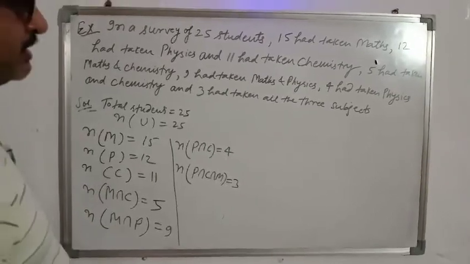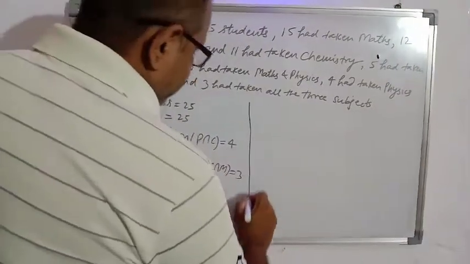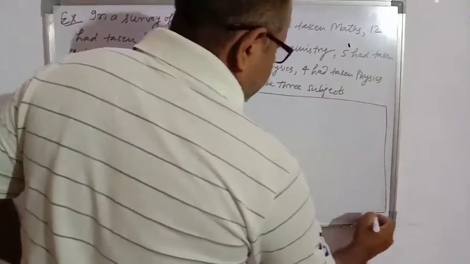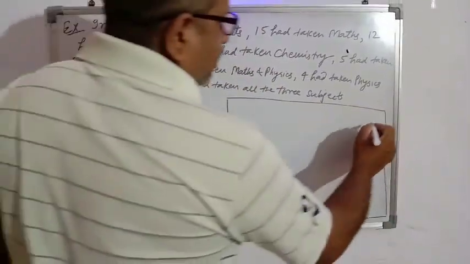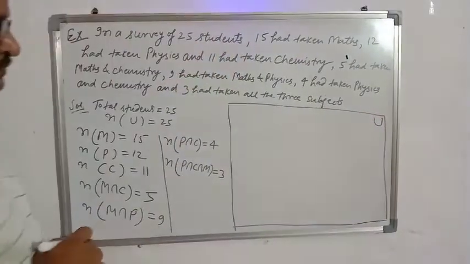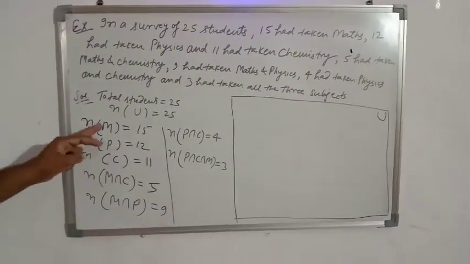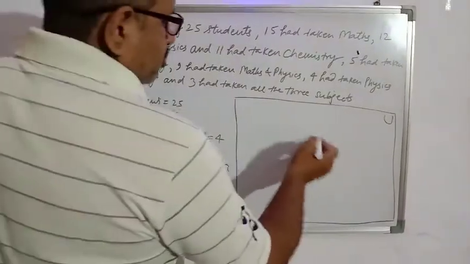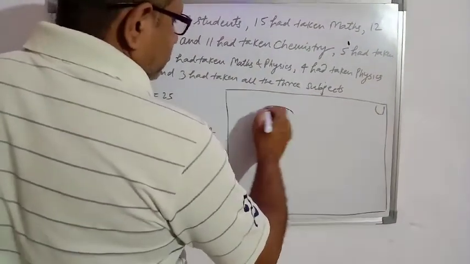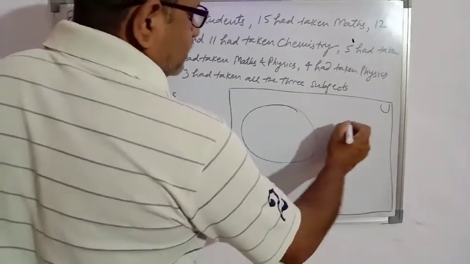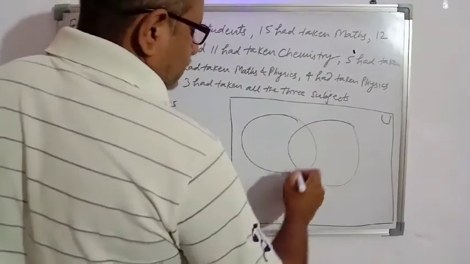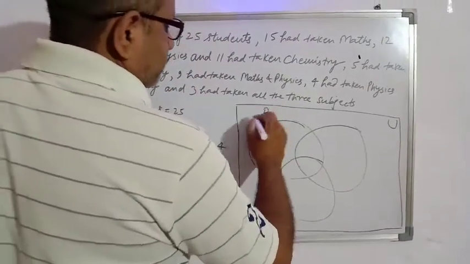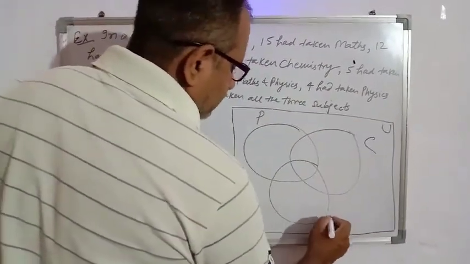Now we will make the Venn diagram. This is a rectangle for the universal set. We will make 3 circles for math, physics and chemistry. So draw three intersecting circles, one circle for physics, chemistry, and the third one for math.